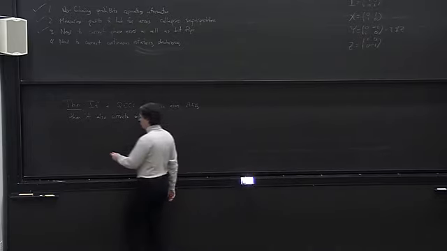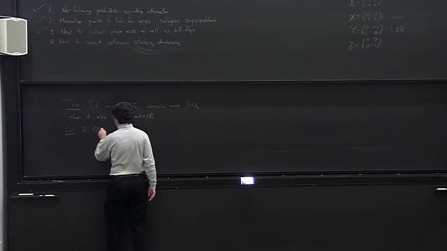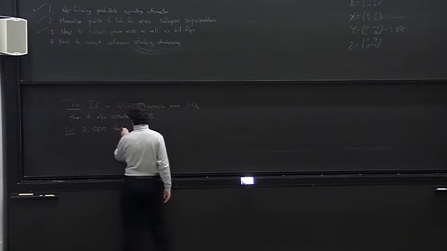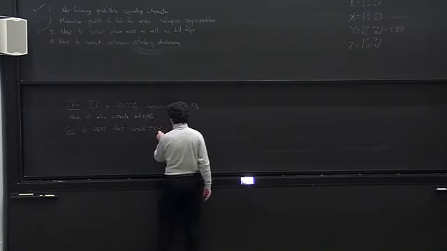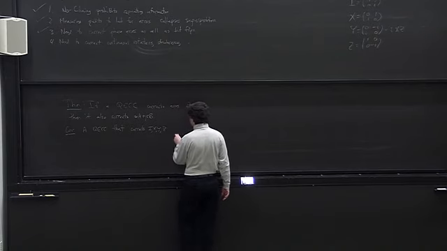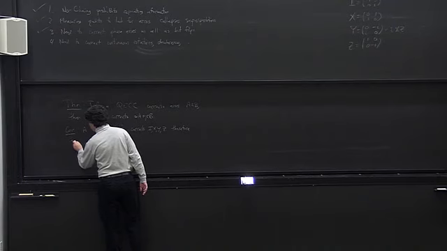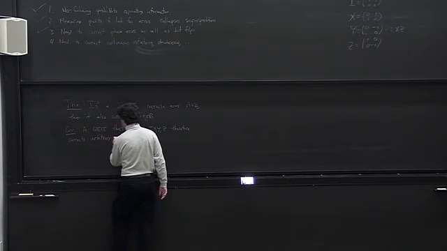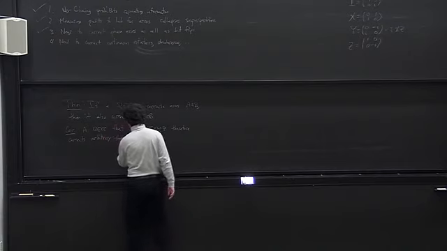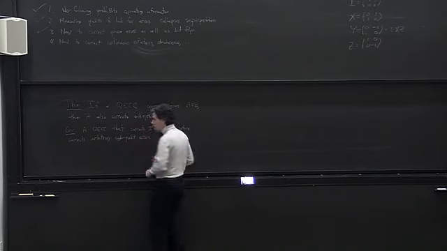And as a corollary, a quantum error correcting code that corrects I, X, Y, Z therefore corrects arbitrary single qubit errors. Why is that?